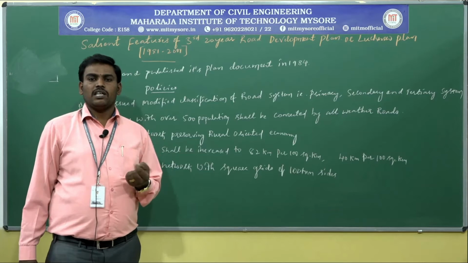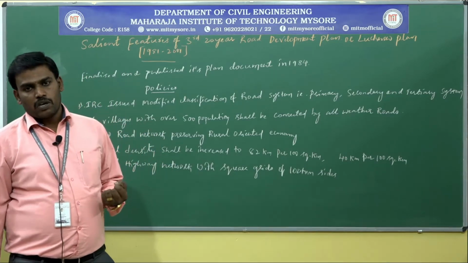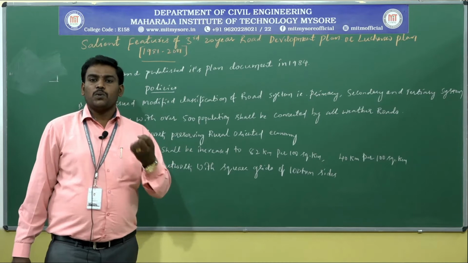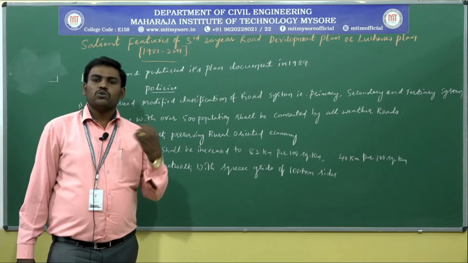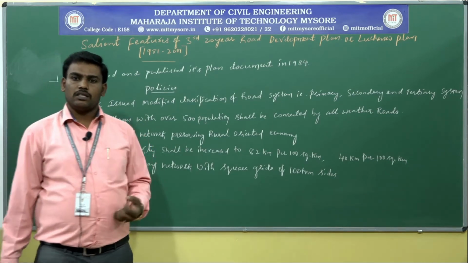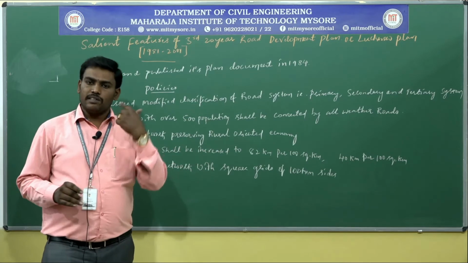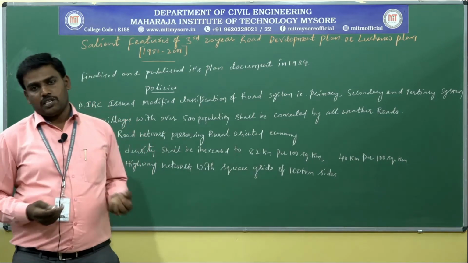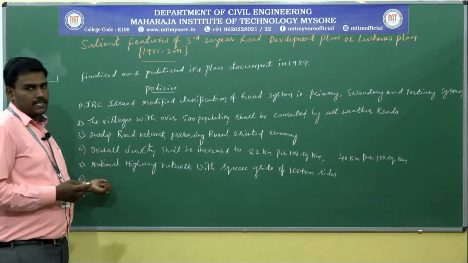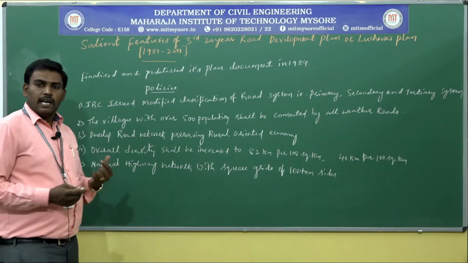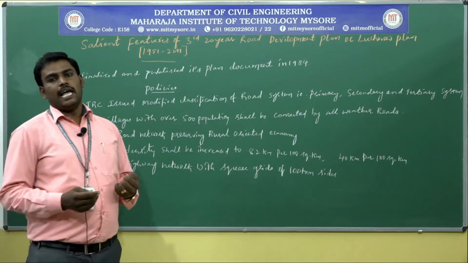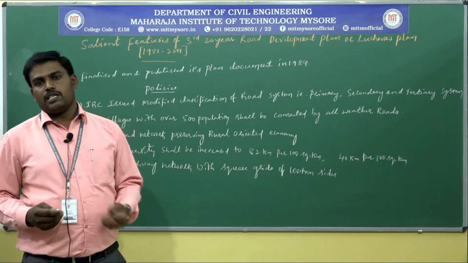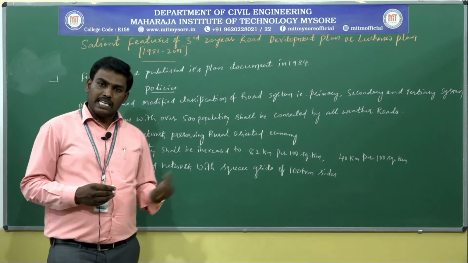In terms of visible features, the present road should be improved, like widening of existing roads, strengthening of existing pavements, and improving the riding qualities, so as to save the vehicle operation cost. That is the sixth policy. Means the present roads should be enhanced in terms of geometric standards like widening of roads, strengthening of existing pavements, and improved riding qualities so as to save the vehicle operation cost.